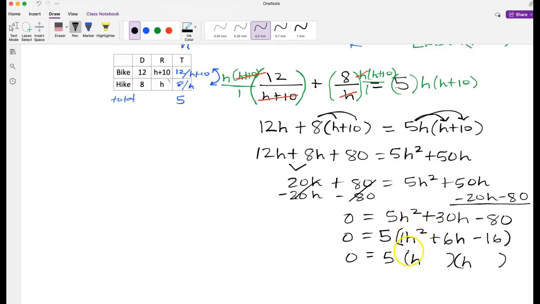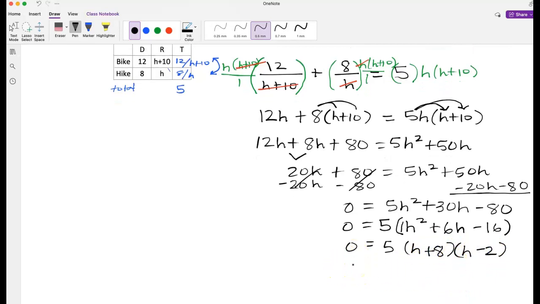You have to go about that differently. But there's a 1 here, so I can go straight to my factoring. And then I'm trying to think, what times what is negative 16 that adds to be 6? Well, I know that 8 times 2 is 16. And to get a positive 6, then I must have my 8 positive and my 2 negative.